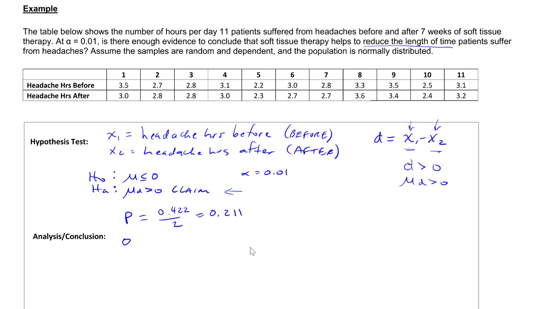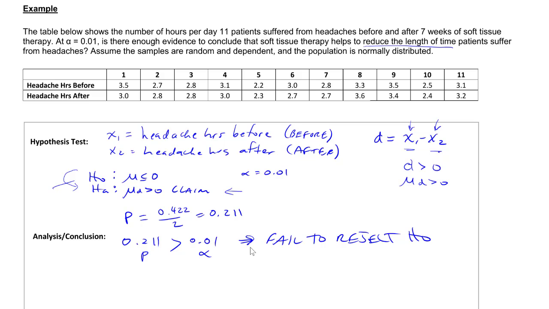Okay, so we're going to take 0.211 as our p-value and compare that to 0.01 as our alpha. Oh, that's definitely greater. So we fail to reject H0.